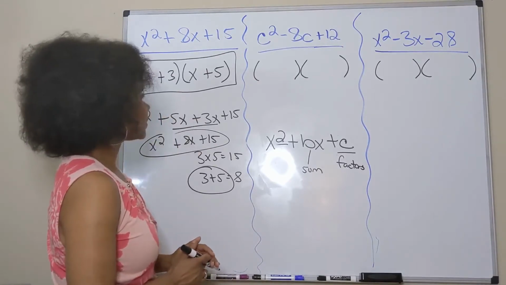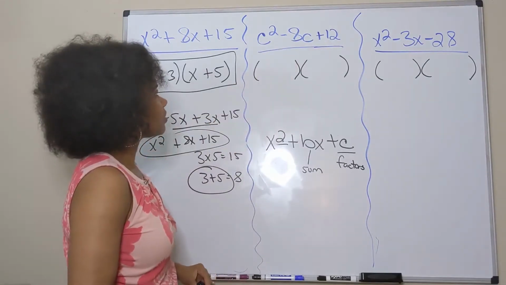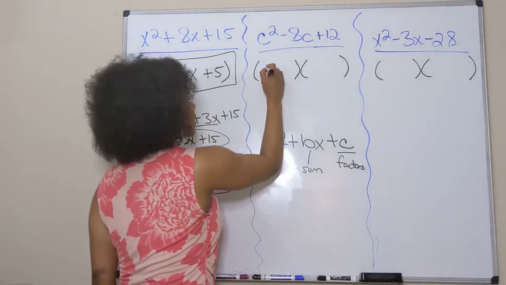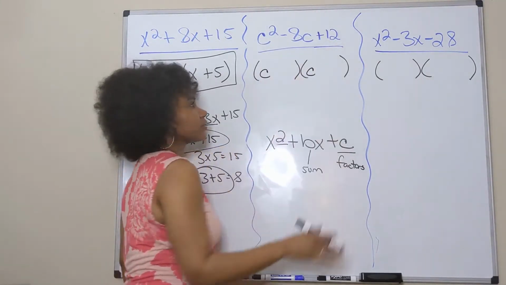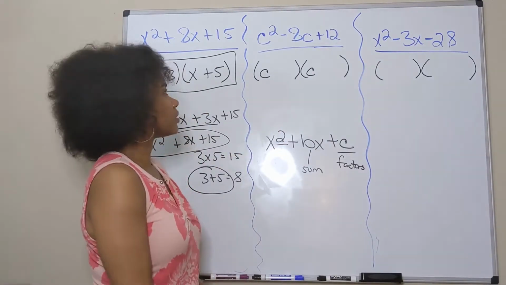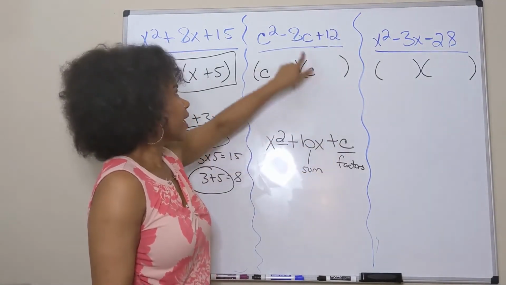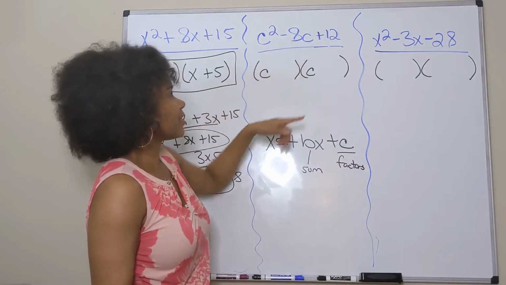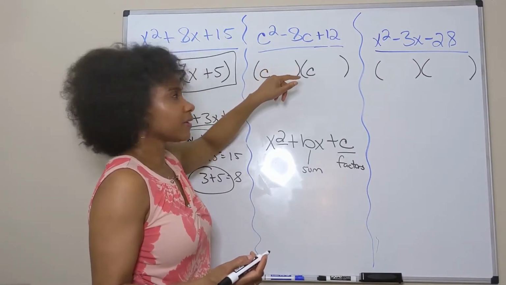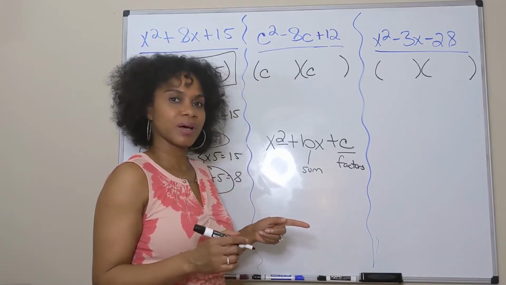All right. So now let's try the second one here. We have a negative. All right. So a little different. Since I have a c for my variable, I'm just going to put a c here. So whatever variable you have, that is what you will put in your final product. All right. So I want to find factors of 12 that have a sum of negative 8. So since I have a negative here, I know that both of my factors will be negative.